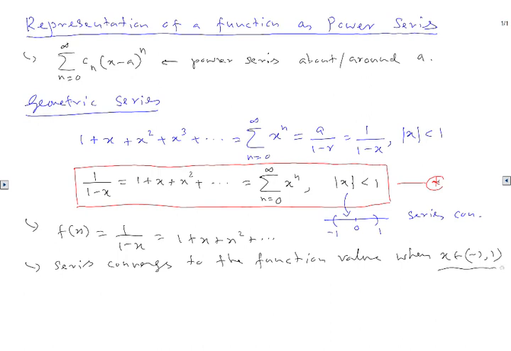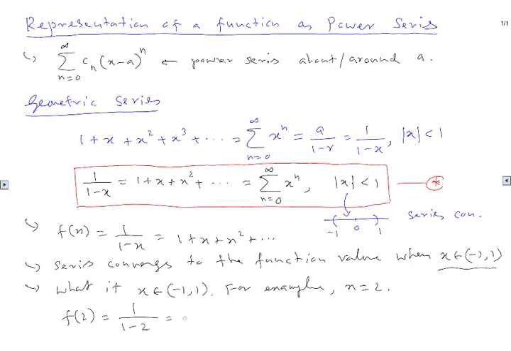The question is, what if x is outside this interval? For example, x equals 2. If x equals 2, you get 1 over 1 minus 2, which is 1 over negative 1, that means negative 1.